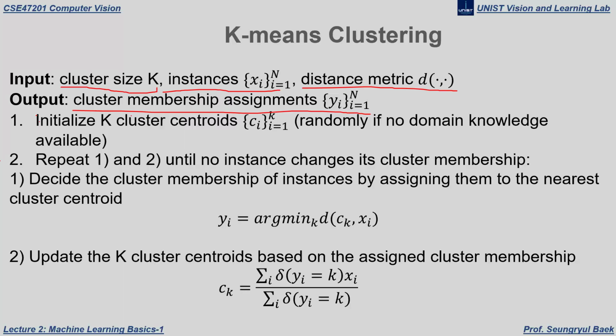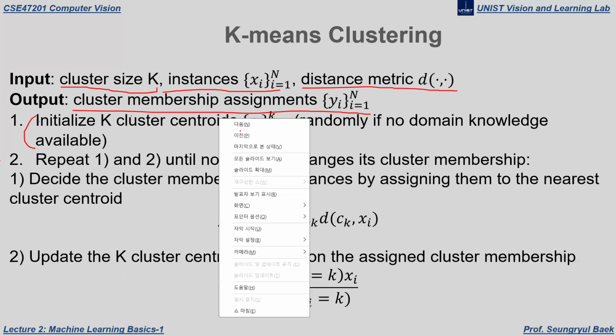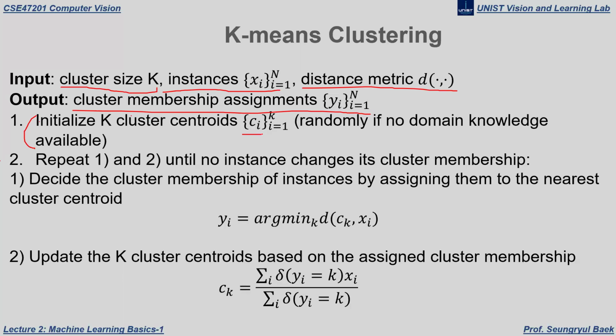And you will initialize K cluster centroids. Previously the notation was small k, but here it is changed to Ci. There should be large K number of centroids. These are randomly initialized if there is no prior knowledge; in most cases they are randomly initialized.